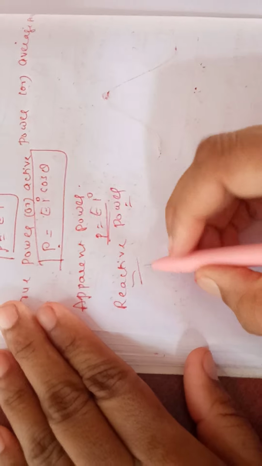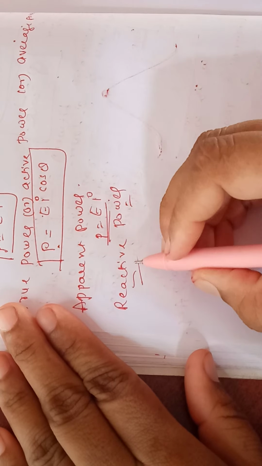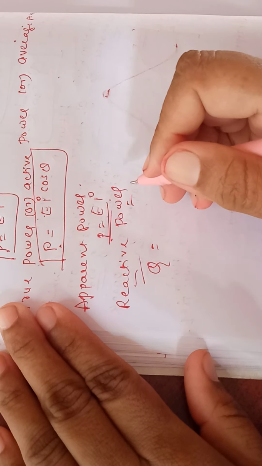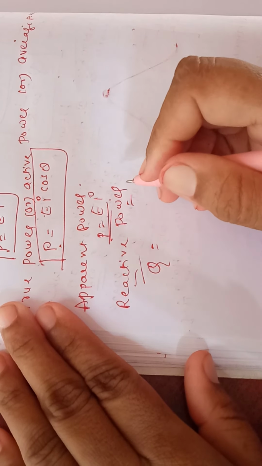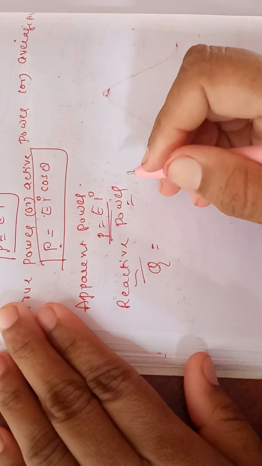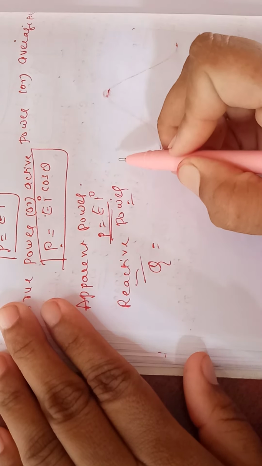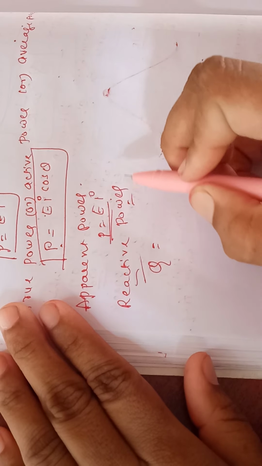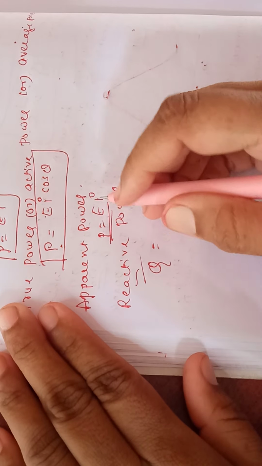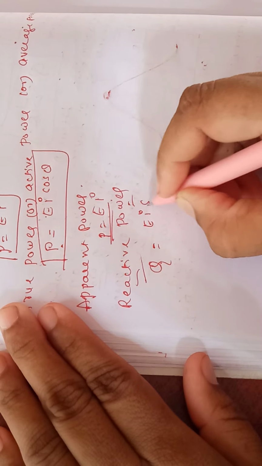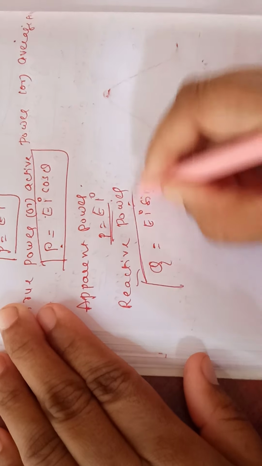It is defined as the rate at which energy is alternately stored in and discharged from reactive components. One is energy will store, and after storing, it is discharged through the reactive components. It is denoted by Q and written as EI sin theta.